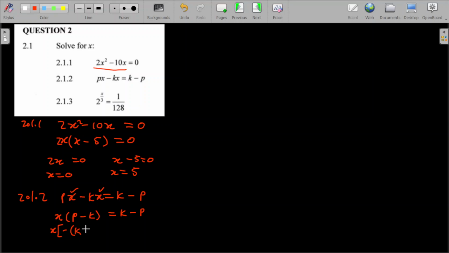Now, for this p to be positive, this one inside here needs to be negative. So this and this give me this, this and this give me this. Checking is very, very important. And now it's going to be k minus p. And then this x is going to times this negative. So I'm going to have negative x into k minus p into k minus p.